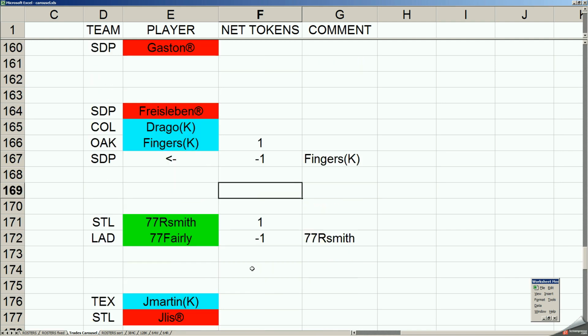All right, the first trade strictly involving Strat cards. Everything else involved waivers, keepers, and retires. But Reggie Smith for Ron Fairly. Now, obviously, the Dodgers have to comp a token, and they do. The thing is, Ron Fairly actually had a pretty good '76 and '77.